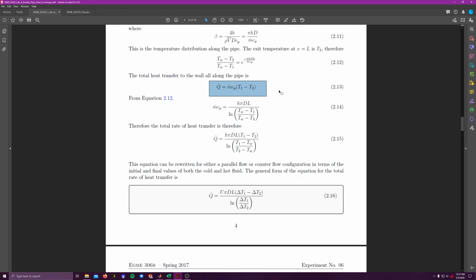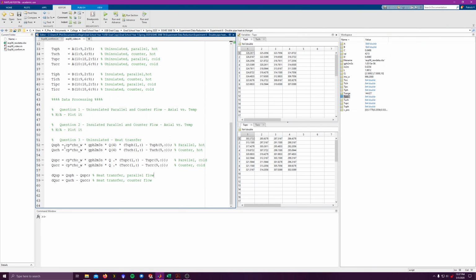So our heat transfer is going to be equal to our mass flow rate multiplied by the specific heat for the water, and then T1 minus T2. So we have our specific heat, and we have the density of our water. We're going to multiply that by our volumetric flow rate, and then these two are going to give us our mass flow rate. Then we have T1 minus T2.